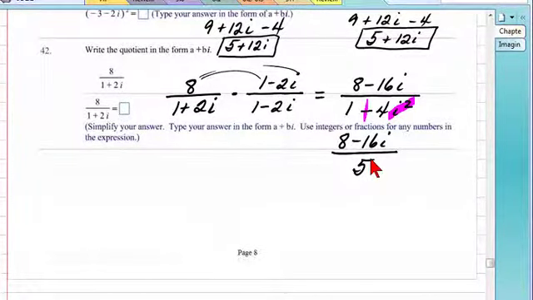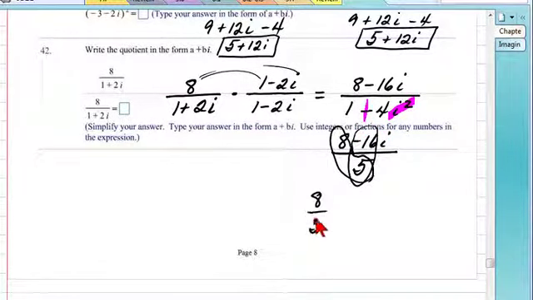Now, I wouldn't mind you leaving that answer. MyMathLab says, write your answer in the form a plus bi. And this isn't quite in the form a plus bi. What you're going to have to do is let that be a and let that be b. It's going to look like 8 over 5 minus 16 over 5 times i.